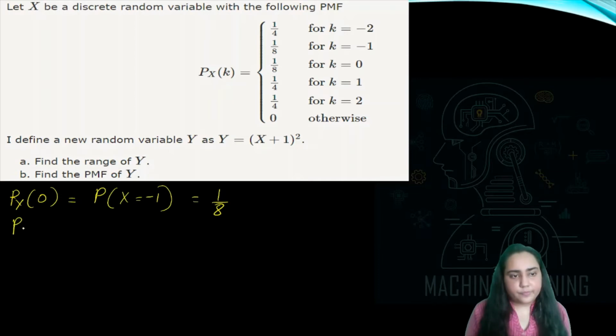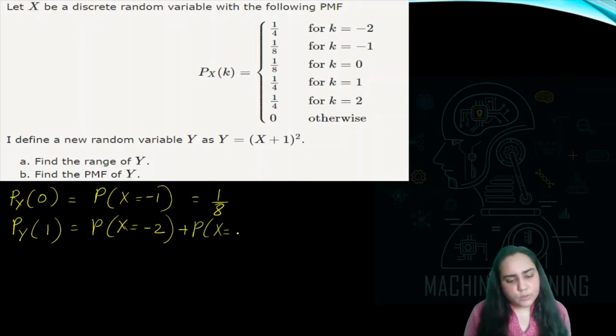Okay. What about y equal to 1? This can happen when x equals -2. When we took a value of x as -2, we got a 1. And the next one we took was x equal to 0.